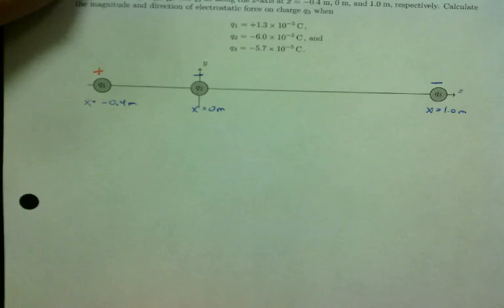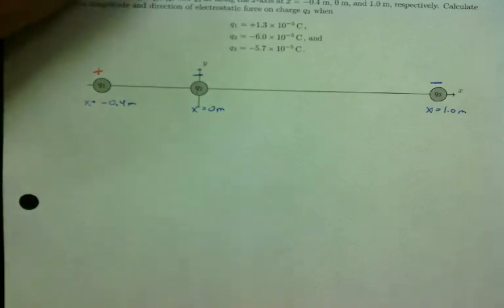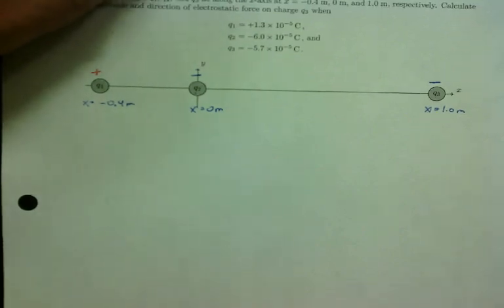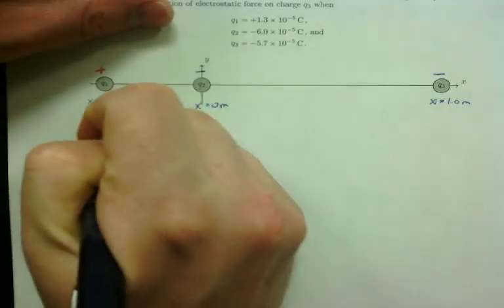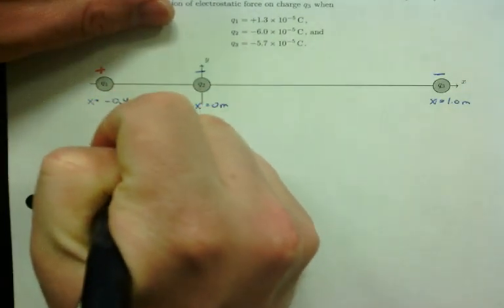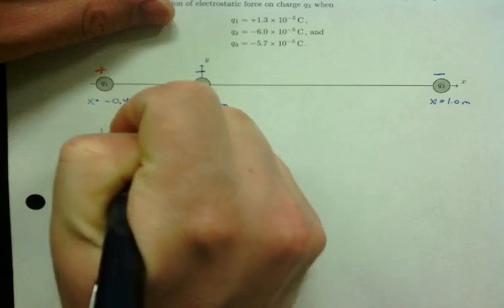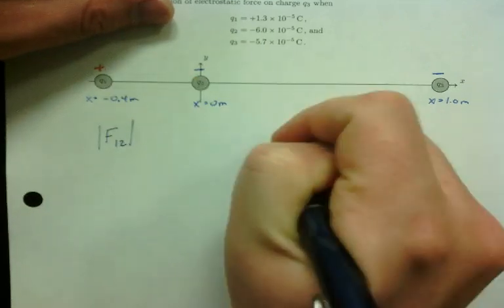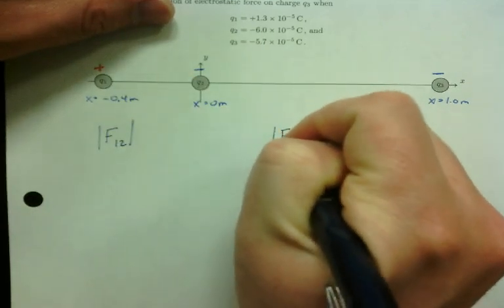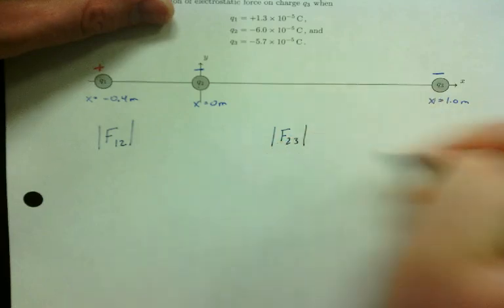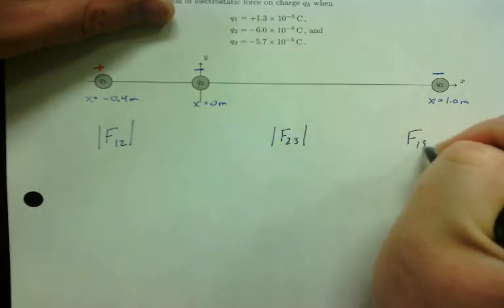To keep things simple, I usually start by calculating the absolute value of the three pairs of forces first, and you'll see why I'm doing that in a second. So I want to find three things. Find the absolute value of the force between charge 1 and charge 2, the absolute value of the force between charge 2 and charge 3, and the absolute value of the force between 1 and 3.